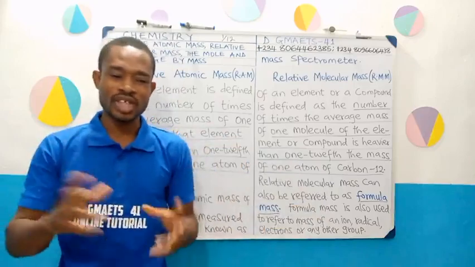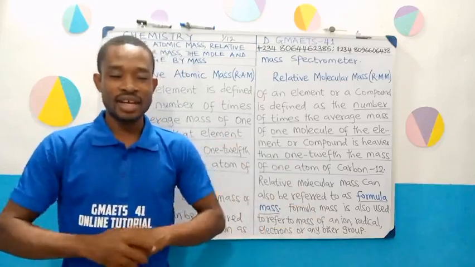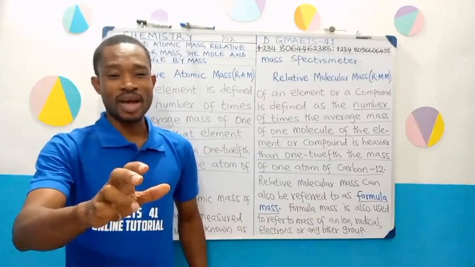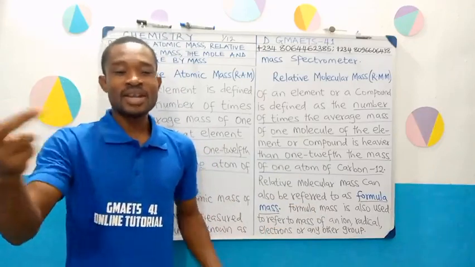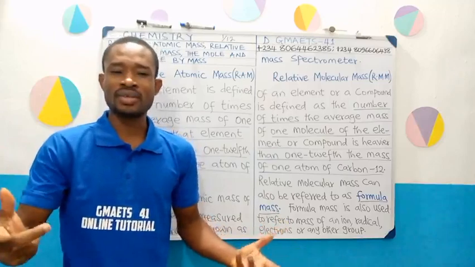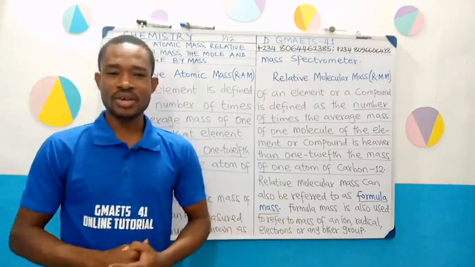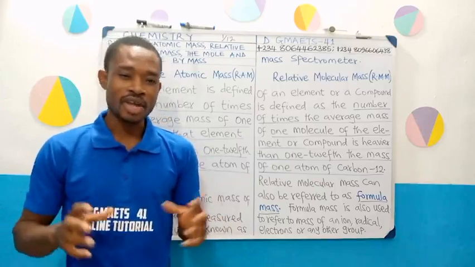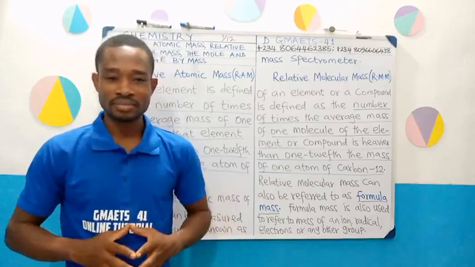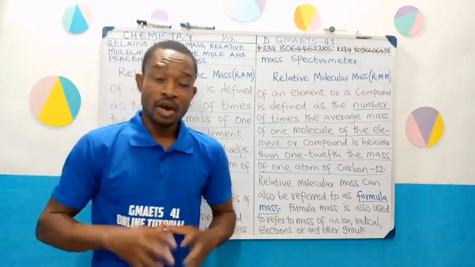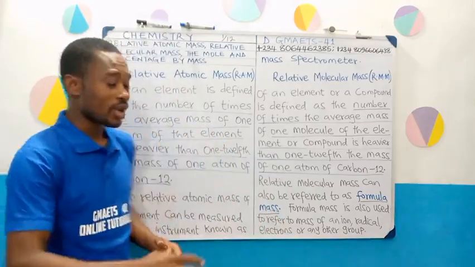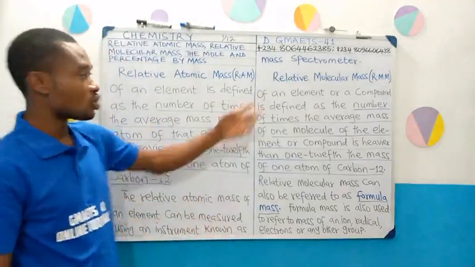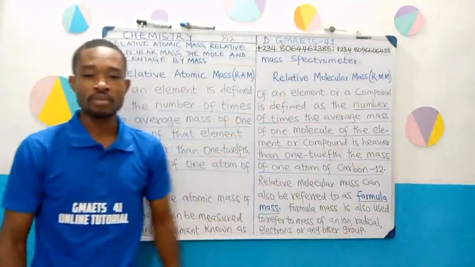We can use this percentage abundance to calculate the relative atomic mass of an element. But don't worry yourself about that. In our next class, we would talk about these isotopes, and how we can calculate the relative atomic mass of an element from the isotopes of that element. Until then, for now, just know that we can measure the relative atomic mass of an element using an instrument known as mass spectrometer.